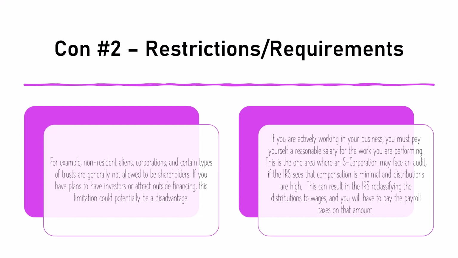They can reclassify the distributions that you are taking, and all of a sudden you're going to find that you're going to owe payroll taxes. So usually what I suggest is look in Google and put in what is the average wage for a full-time groomer within your state, and use that as at least a base.